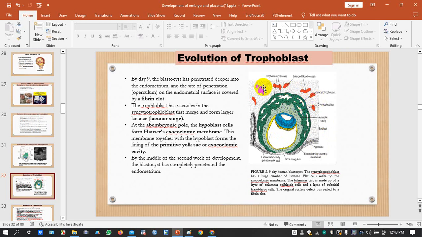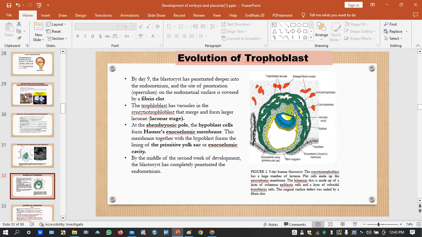You can also see the lacuna, the trophoblastic lacuna, the holes, and the blood vessels will be punctured and fill this lacuna system. This white thing is the lacuna system. There are holes or cavities that this blood will drain into, and it will nourish the conceptus. This whole structure is the conceptus.